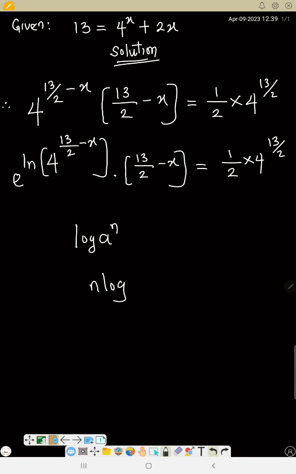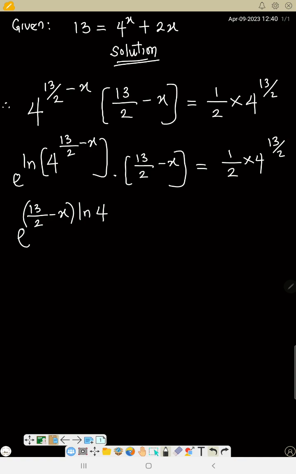So this will become 13/2 minus x, e raised to power 13/2 minus x ln 4, times 13/2 minus x.